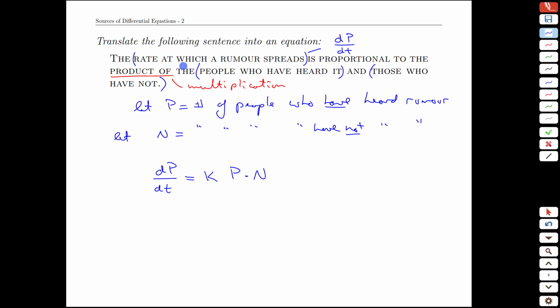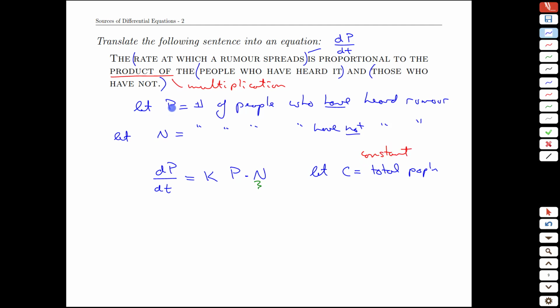And that's it. This expression, with some statement about how things are changing over time and why they are changing, modeling an interaction between the people who have heard the rumor and the people who have not, ends up in this kind of formulation. What's a little uncomfortable, of course, is that it's not all in terms of the same variable or constants. This N would be kind of a problem going forward. One of the things that biologists and sociologists would do here is define the total population, which is a constant.